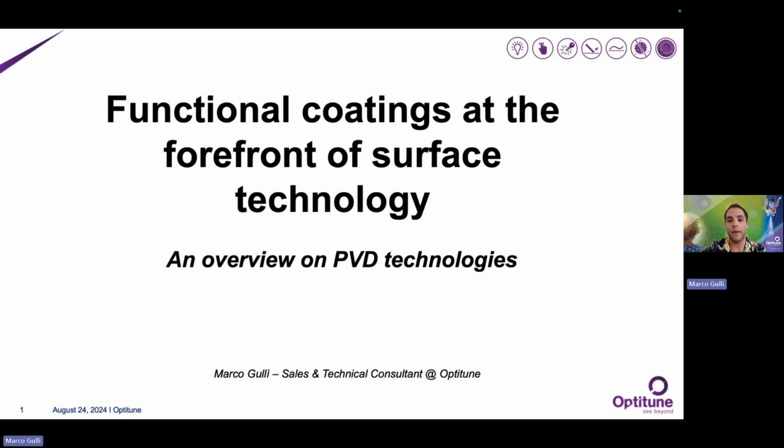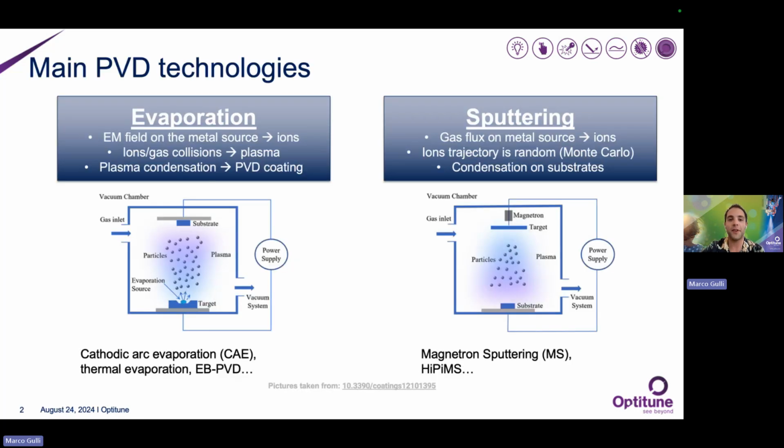So let's first dive into PVD technologies, and in general, on the market, two main PVD technologies are available: evaporation and sputtering. When it comes down to evaporation, an electromagnetic field is usually applied on the surface of the metal target. This will cause evaporation of ions, which are, of course, charged particles.